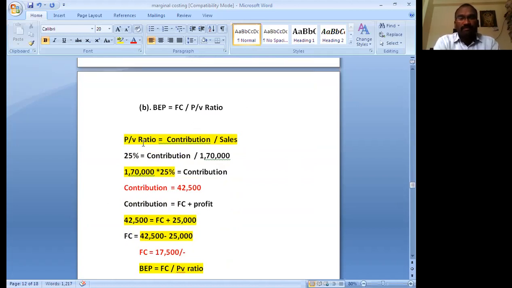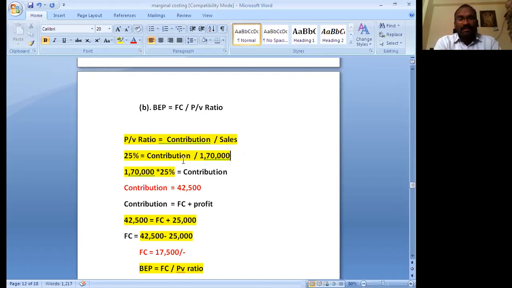Here PV ratio 25% is given. 25% equals contribution, which you don't know, divided by sales. Take the 2018 sales and consider the 2018 profit. If you take 2017 sales, you treat it as 2017 profit. Whichever year you take the sales for, consider that year's profit only.